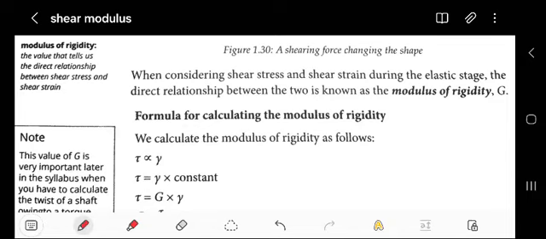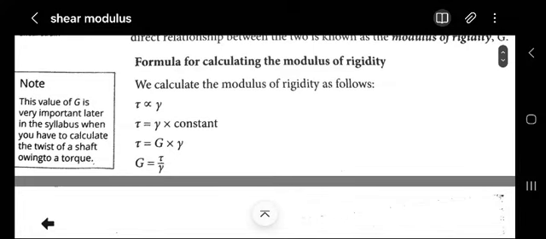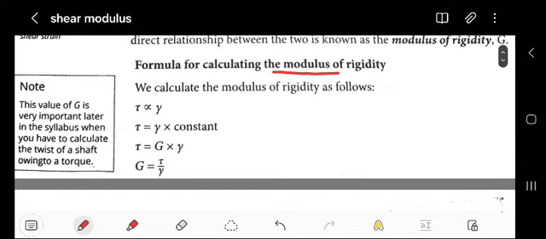No problem. So, the formula for calculating the modulus of rigidity: we have the constant modulus of rigidity G, which is the shear stress over gamma.